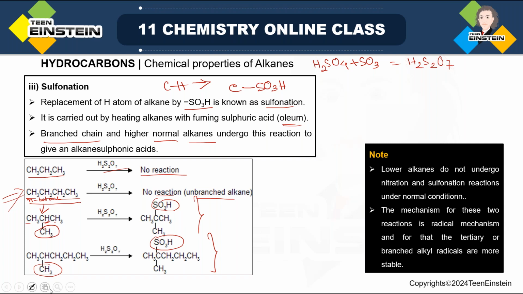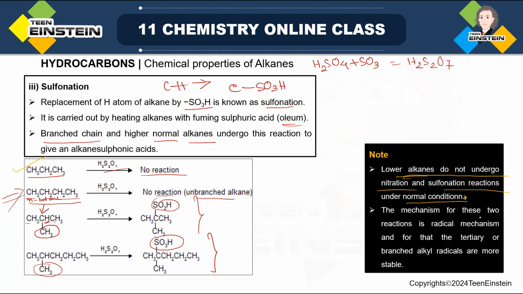Here we have a note that we have to understand that lower alkanes do not undergo nitration and sulfonation reaction under normal condition. By lower alkane, you can take these examples, that is ethane or methane or propane, the first 3 members. You cannot expect any reaction, and here branching is also not possible. So under normal condition, reaction will not be there.